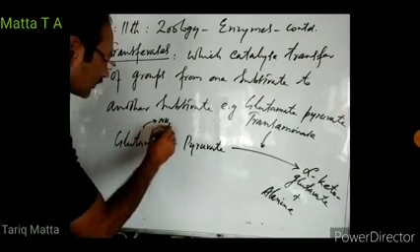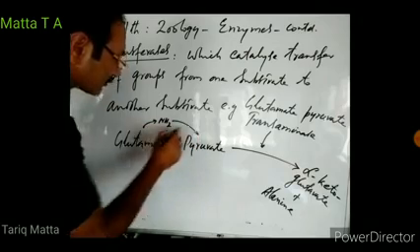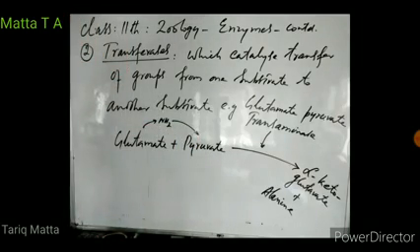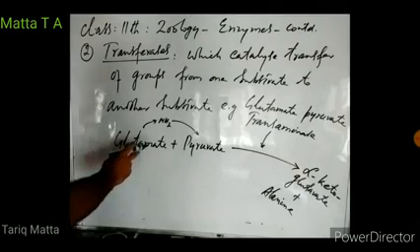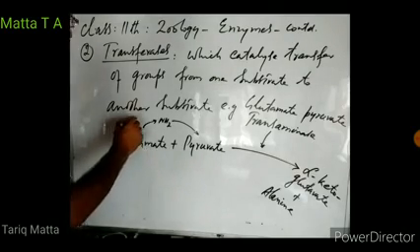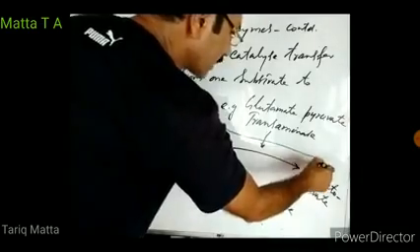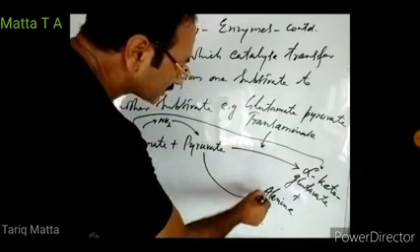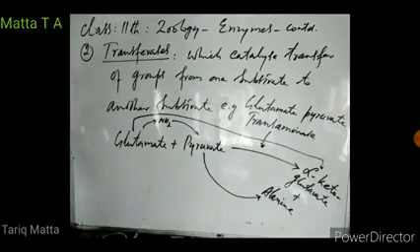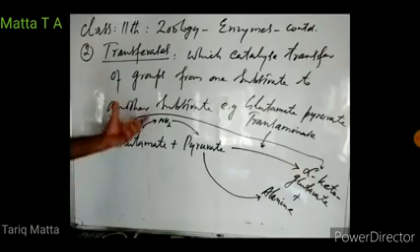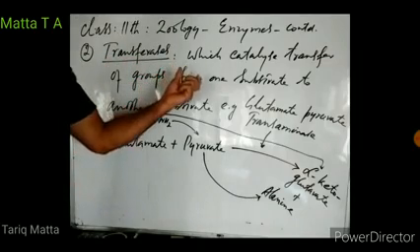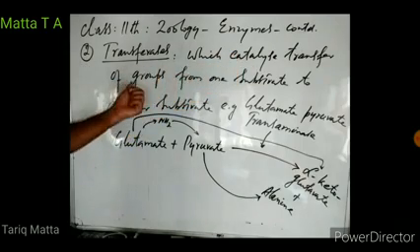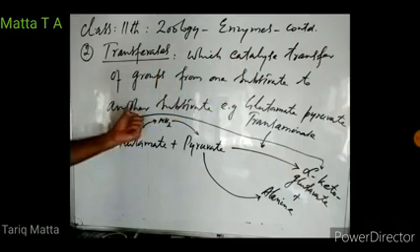It catalyzes the transfer of amino group from substrate glutamate to pyruvate, right? And this substrate glutamate is changed to alpha ketoglutarate. And this pyruvate is converted to another product, alanine, right? So transferases are those enzymes which catalyze transfer of groups from one substrate to another substrate.